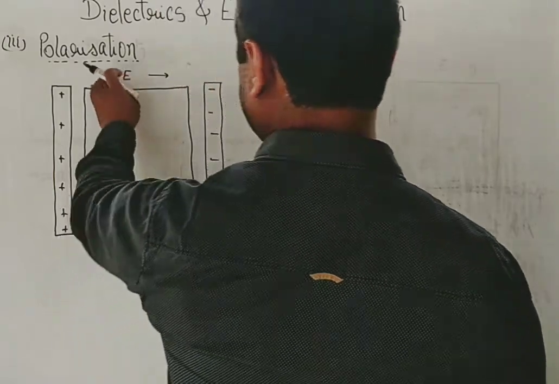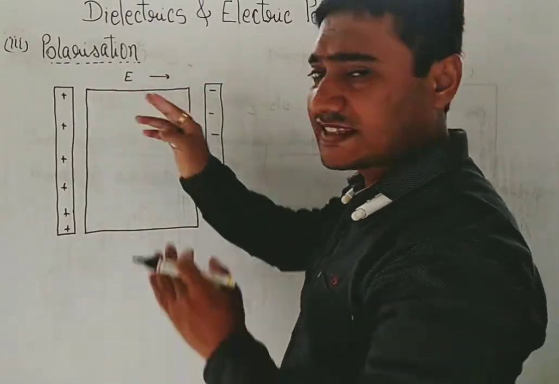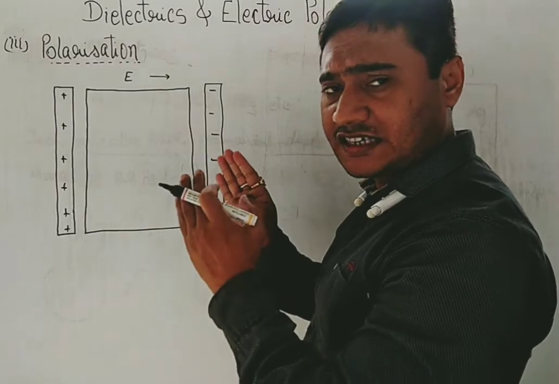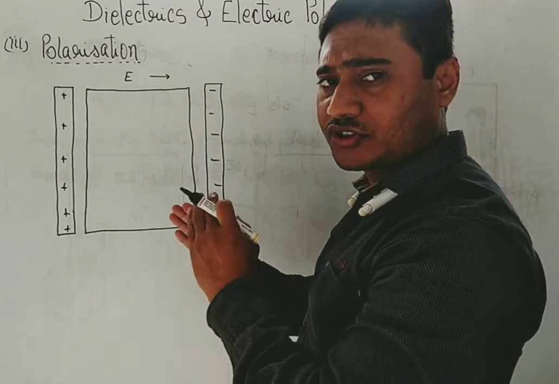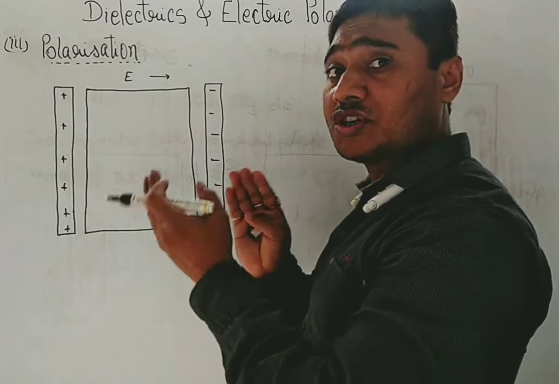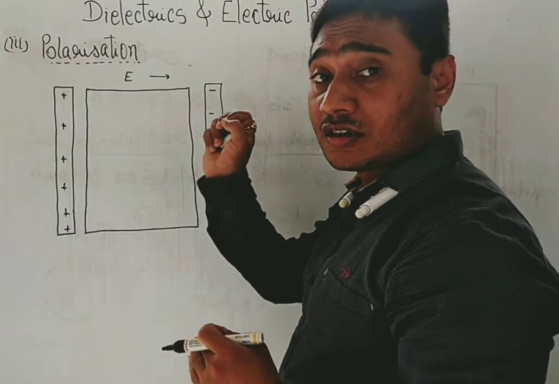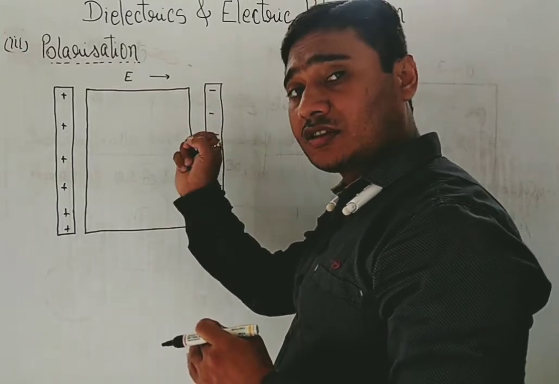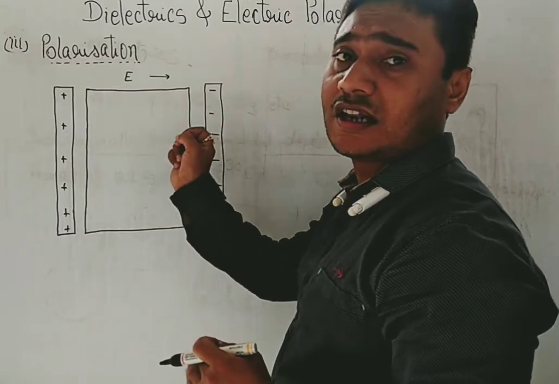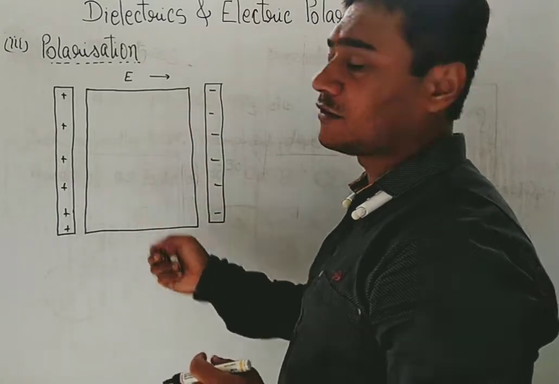Now this external electric field tries to separate the centers of gravity of positive and negative charges and tries to induce an electric dipole moment within the single atom, within the single molecule of that specimen.